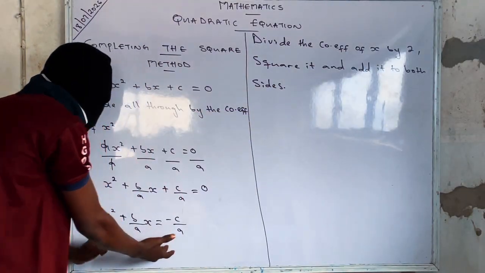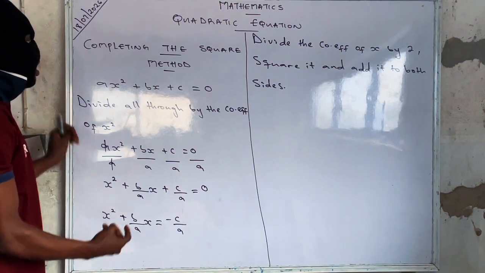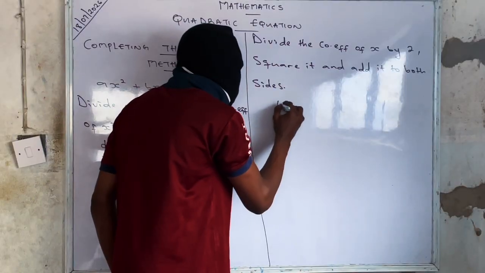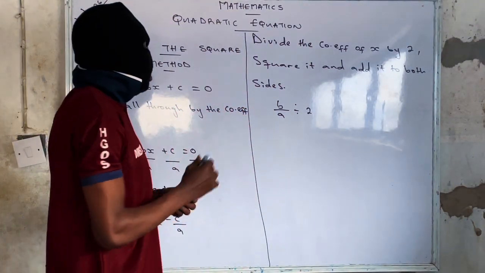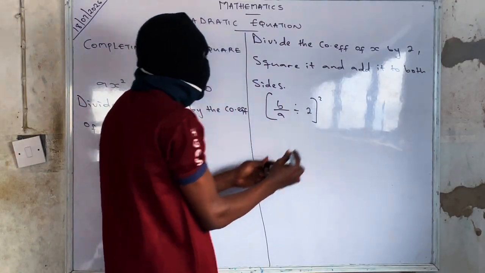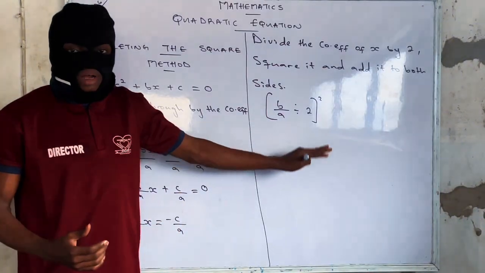If we look at the equation here, the coefficient of x is b over a. Now we have to divide it by 2, so we have b over a divided by 2. The next is to square it, then add it to both sides. We can still evaluate this.